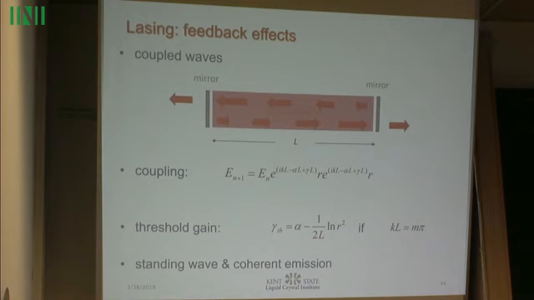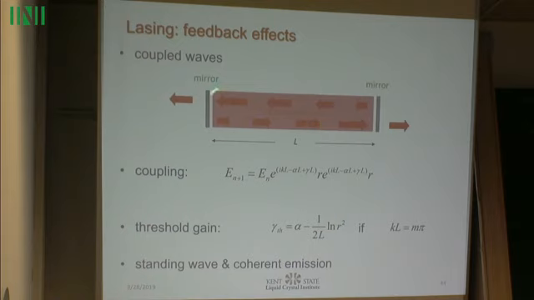And so this is typically done by putting a dye in the material and flashing a light on the dye, so the dye molecules are in an excited state, and a photon going by will cause a stimulated emission, and so you can make up for the photons that come out through the mirrors.